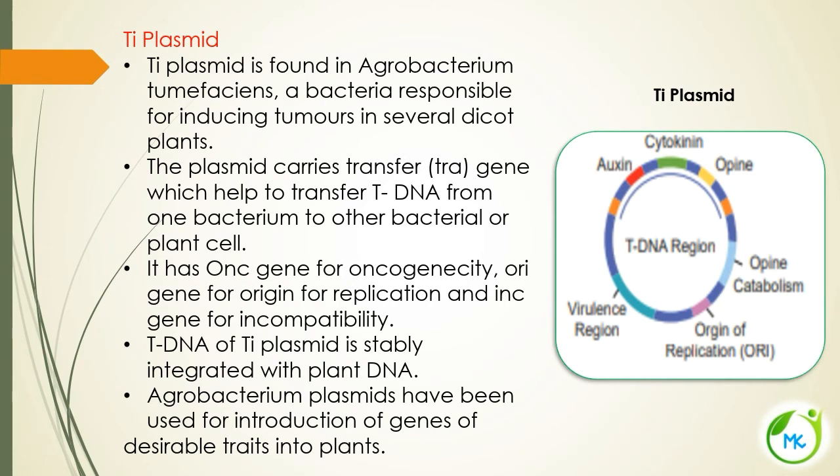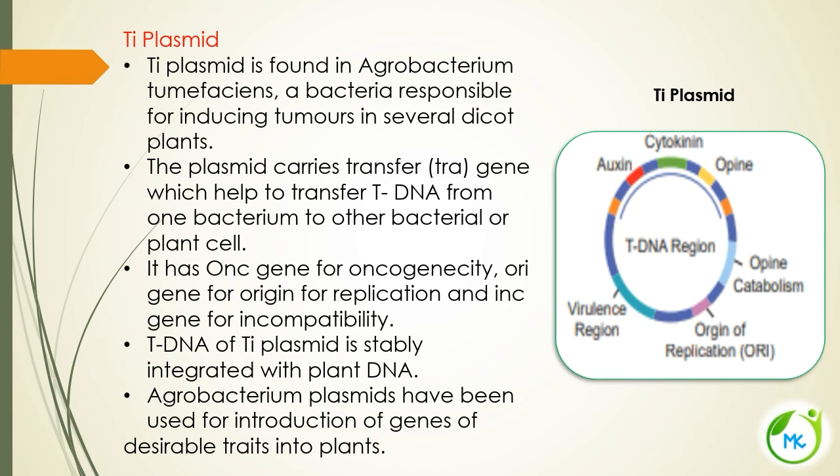The next vector we are going to see is Ti plasmid. It is nothing but tumor inducing plasmid. This plasmid is found in the bacteria called Agrobacterium tumefaciens. So this bacteria is responsible for inducing tumor, that is producing tumor in several dicot plants. So this bacteria can go into the plants and it can induce the tumor in those plants.